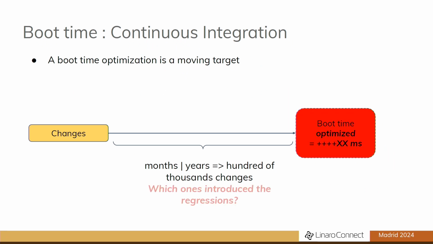When you switch the version, you realize the boot time optimization is just broken, because the changes introduced latencies in the boot time process, and you are unable to find out which one it is. So it's a lot of work to investigate and try to re-enable all this boot time optimization.